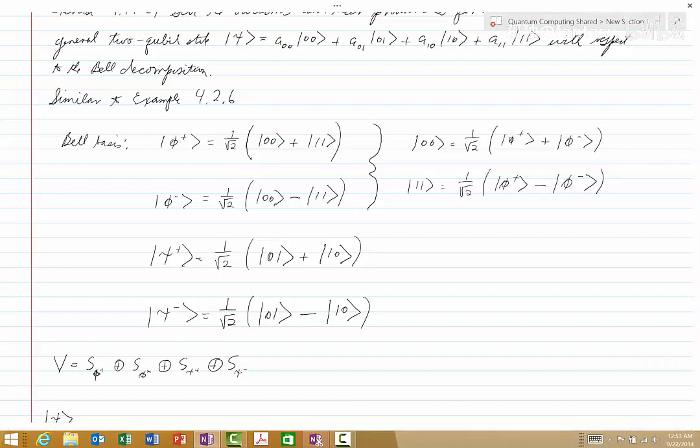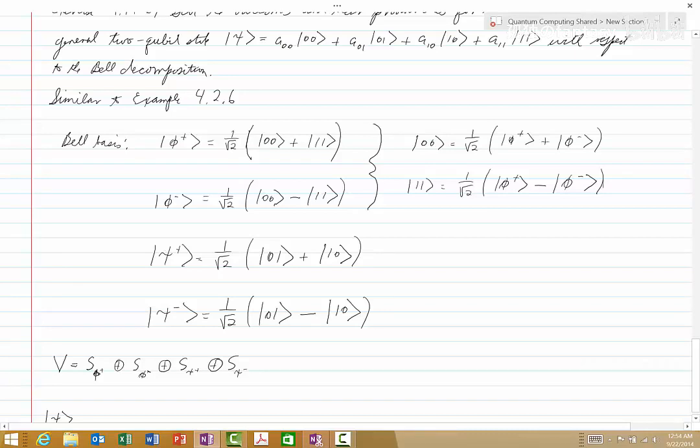And you can check that very quickly. Let's for instance look at the first one. If we add together phi plus and phi minus, the 1, 1 terms would cancel, and we would have 1 over square root of 2, 0, 0, plus 1 over square root of 2, 0, 0, which is the same thing as 2 over the square root of 2 times 0, 0, and of course 2 over square root of 2 is the same thing as square root of 2.